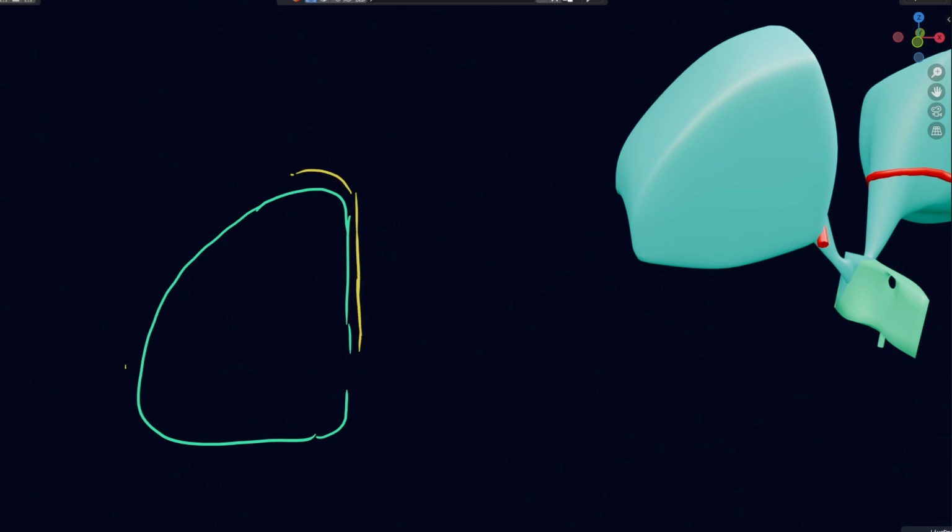Pia mater, arachnoid and dura mater. Now this pia mater is quite vascular at this point near the junction of floor of lateral ventricle to the roof of third ventricle. Actually, the lateral ventricle is relatively near to the third ventricle, but this 3D model is not anatomically correct. It is more of a schematic model.